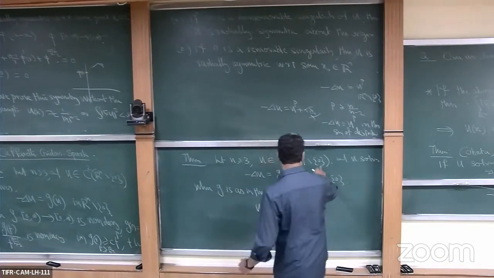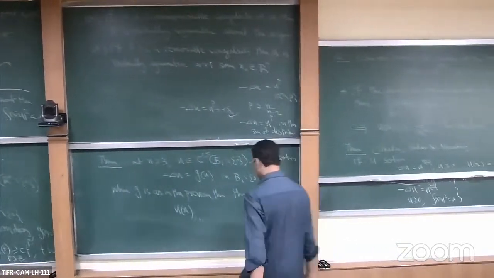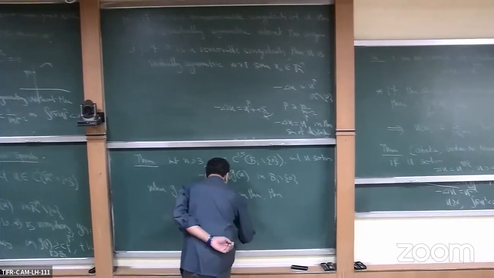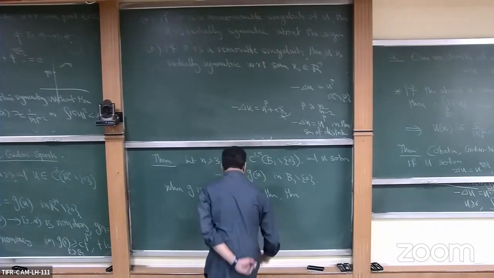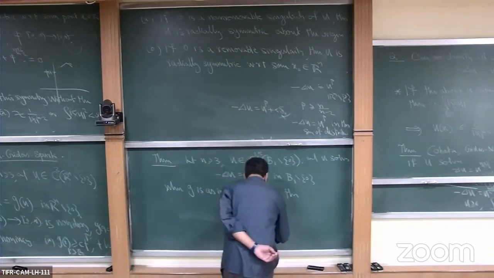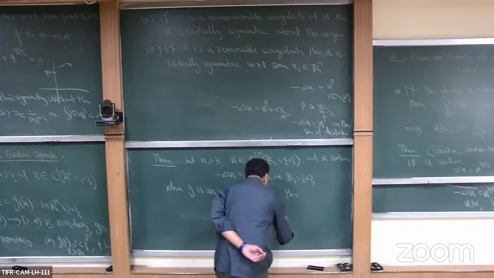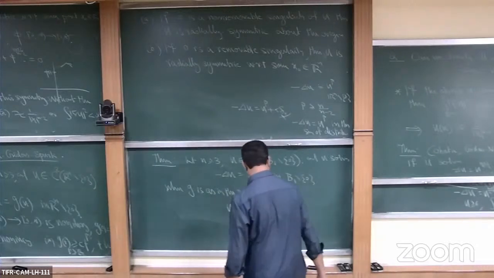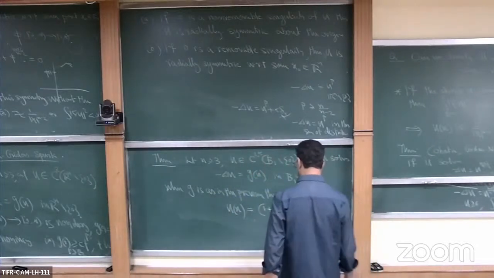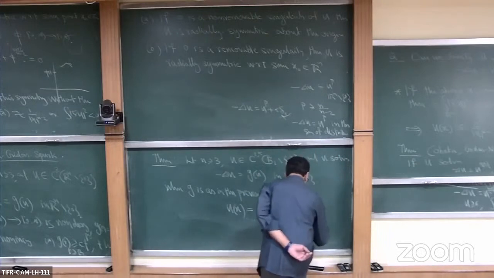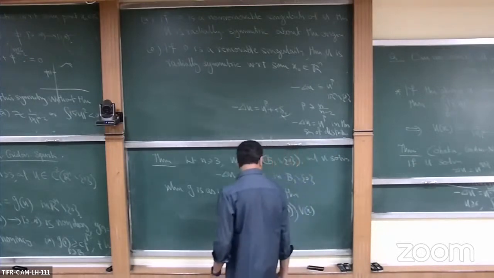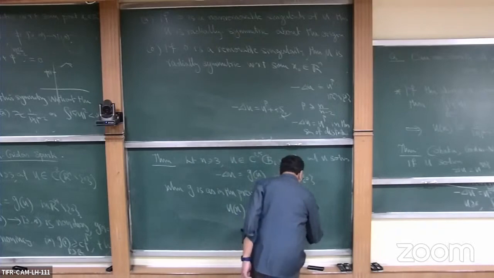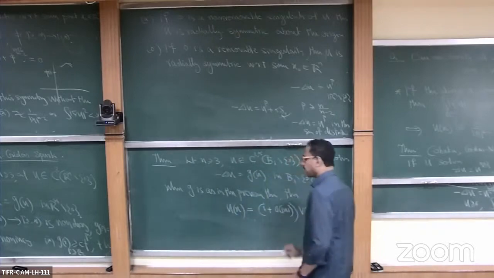So u of x is going to be equal to, you can write it as, 1 plus some d of mod x, a radial function times v.